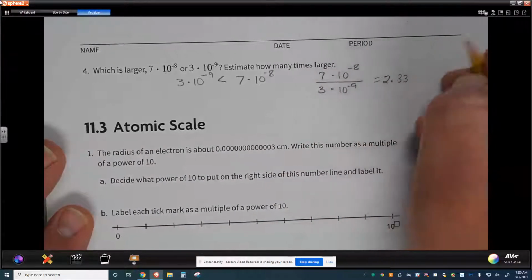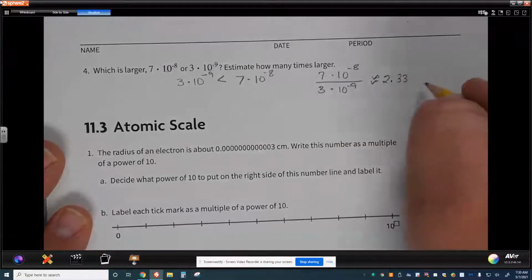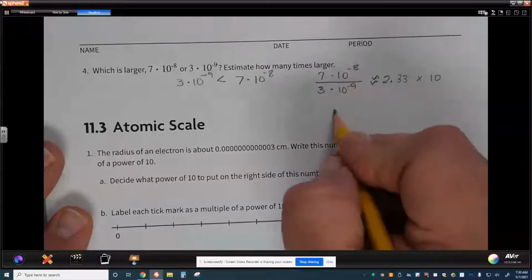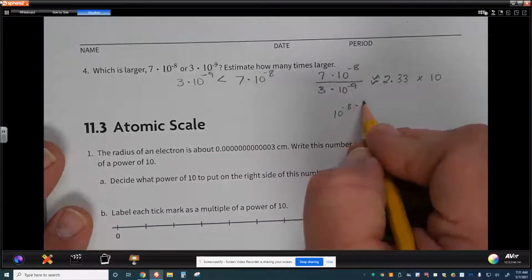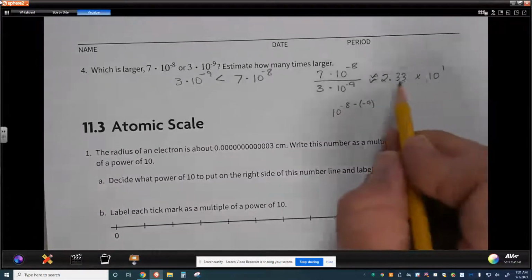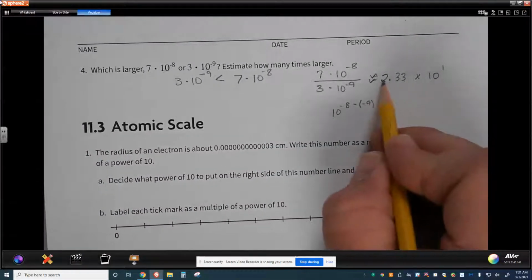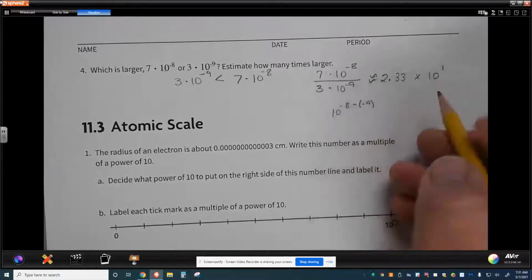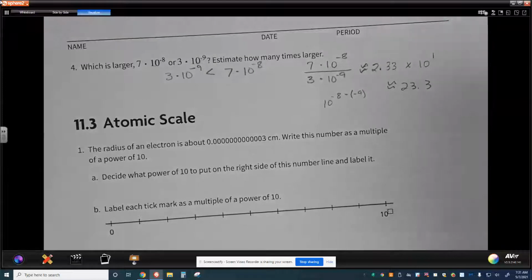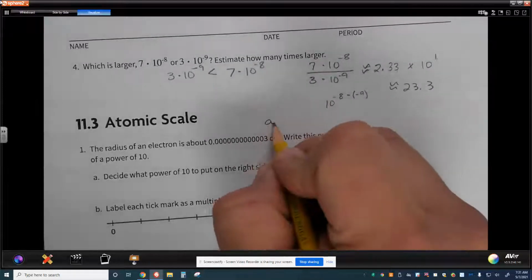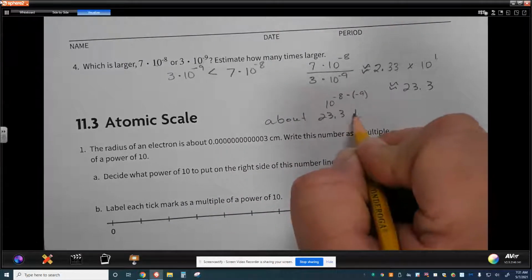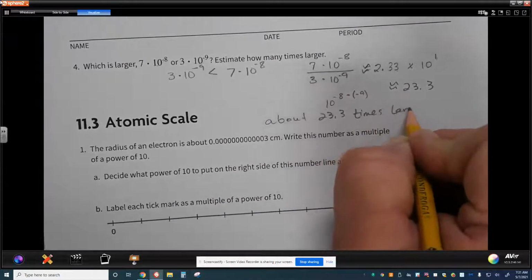So this will be 2 and 33/100. So we're going to have to say approximately times 10 to the quotient of powers. That would be 10 to the negative 8th minus negative 9, which would make this 1. And then we represent this piece by multiplying. So 2 and 33/100 times 10 is approximately 23 and 3/10. And so we would say that it's about 23 and 3/10 times larger.